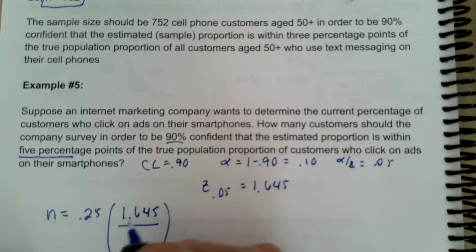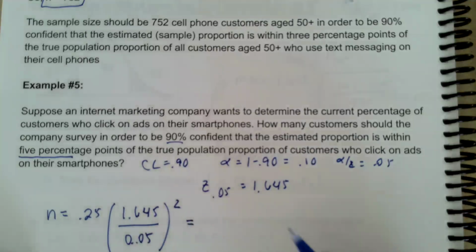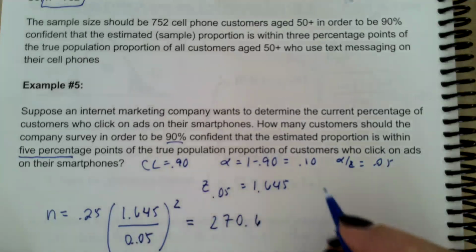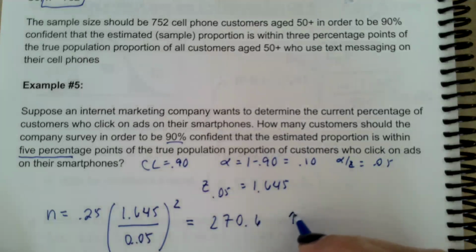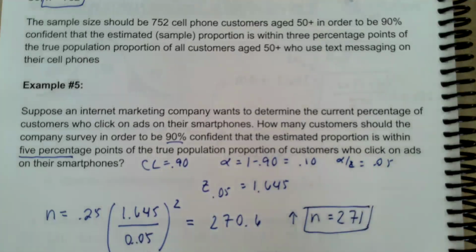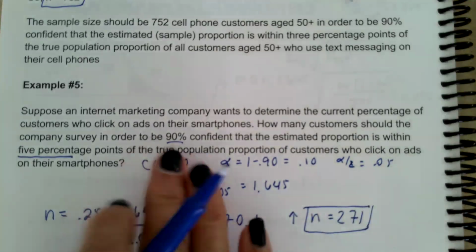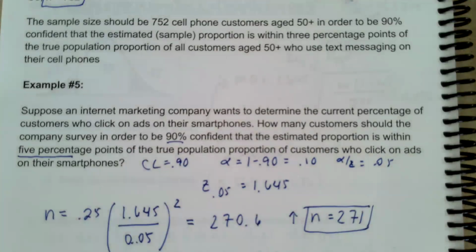So we're using 0.05, and then we're going to square that. And this comes out to be 270.6. And we always round up for sample size. So we're going to need to sample 271 people to make sure that we are getting the true confidence that we want.